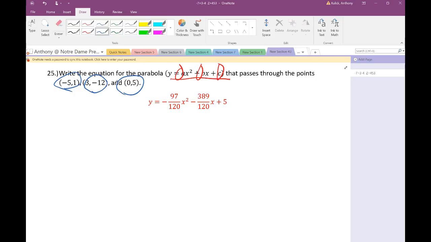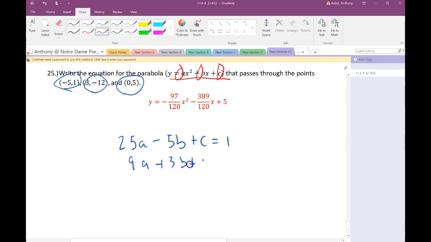So when I plug in the -5 for x, I get 25a minus 5b plus c equals 1. When I plug the 3 in for x, I have 9a plus 3b plus c equals -12. And when I plug the 0 in for x, I have 0a plus 0b plus c equals 5.